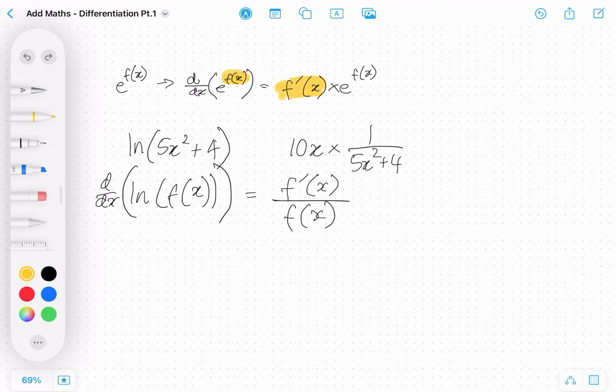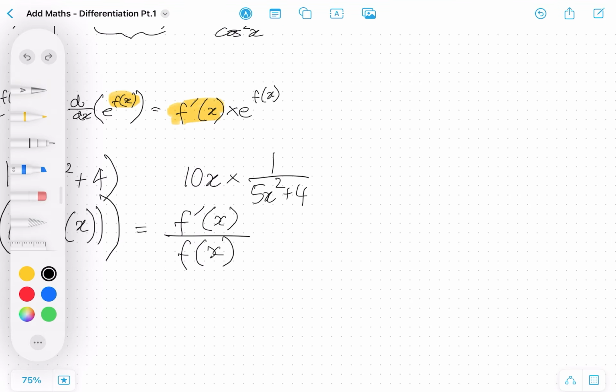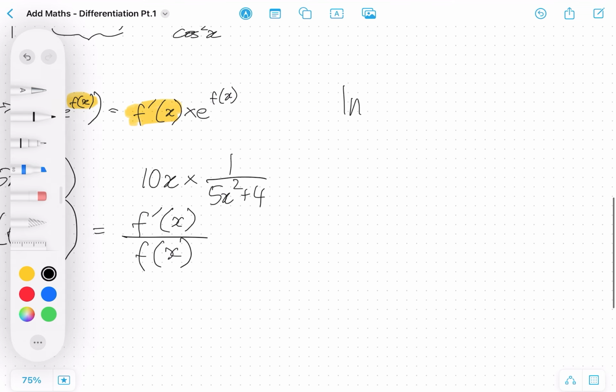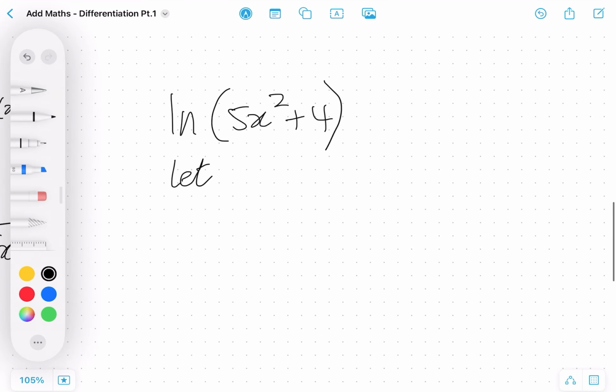Now you might be wondering, why does this work? We can actually formalize this using the chain rule. So say we have, let's use this example, ln of 5x squared plus 4. The way the chain rule works is that we use a substitution. So let u equal 5x squared plus 4. So now this function becomes ln of u.